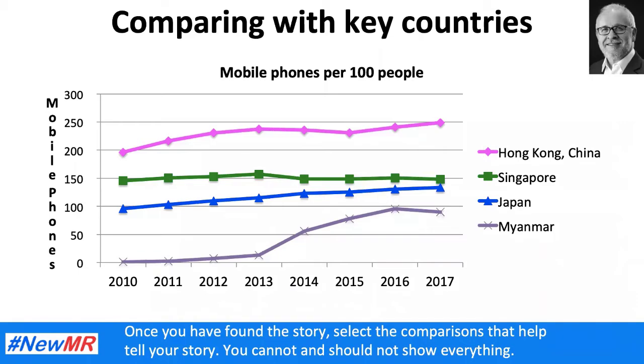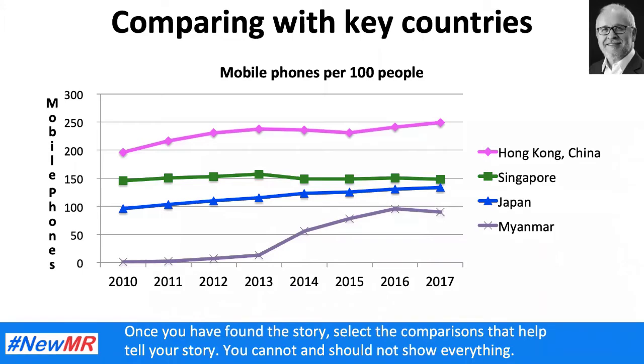The next country that is very different to Japan is Myanmar. And it is different because it used to be very different to Japan, and it's become quite similar. So there it had a very low set of numbers and it came up. And then we only include Singapore to say that the third most different country really isn't that different.